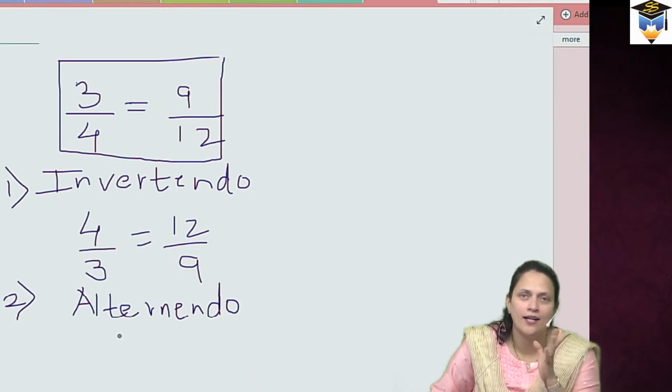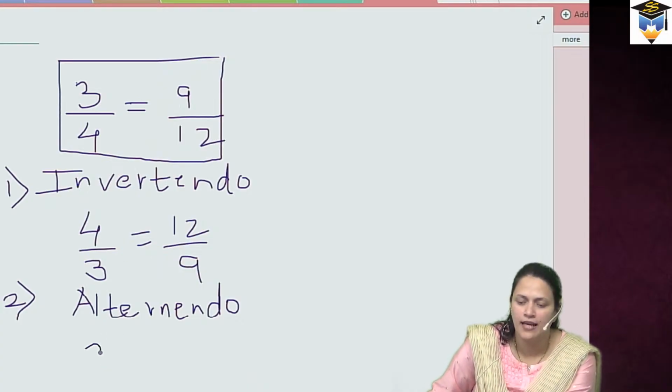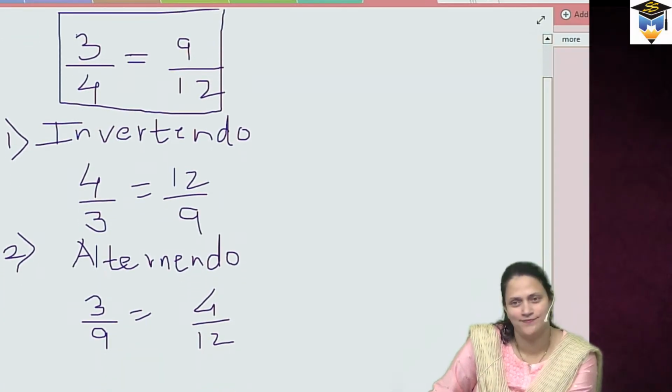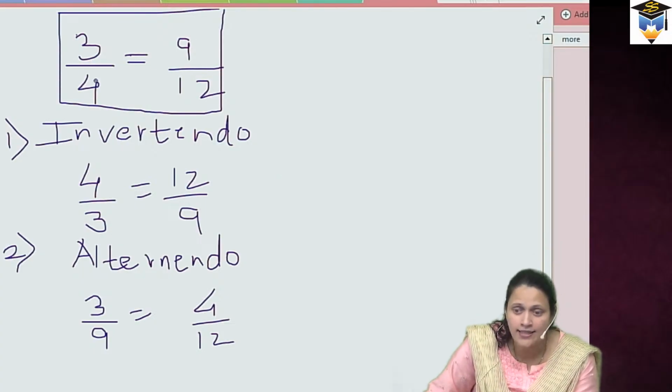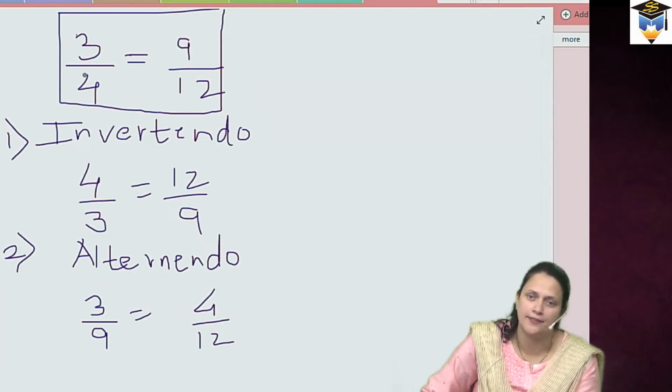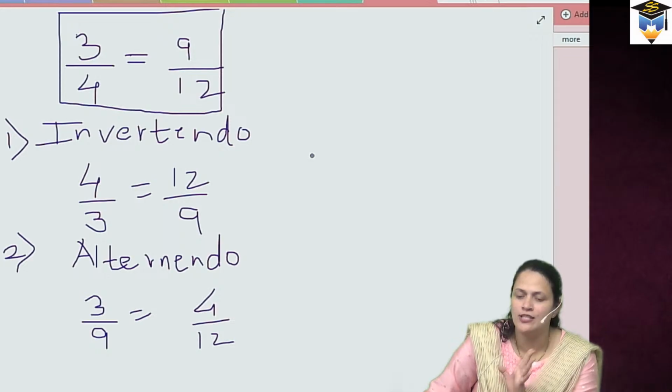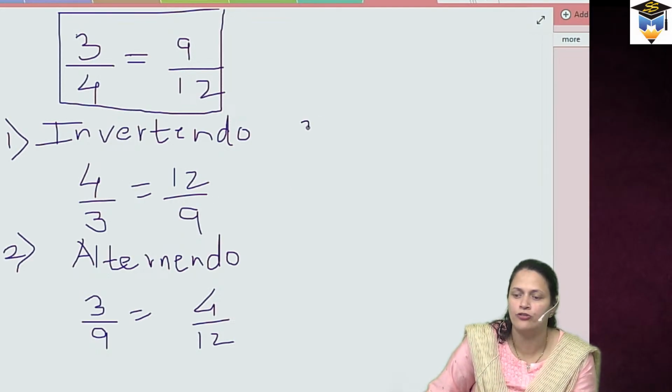Okay. So when I apply alternando, what will happen? I'm going to write it down as, can you check what I have done over here? When I applied only one, means what? This and this exchanged places. That's it. The rest two are as they are. That is called as alternando. Okay? Write down these two properties first and we will move to the third property.